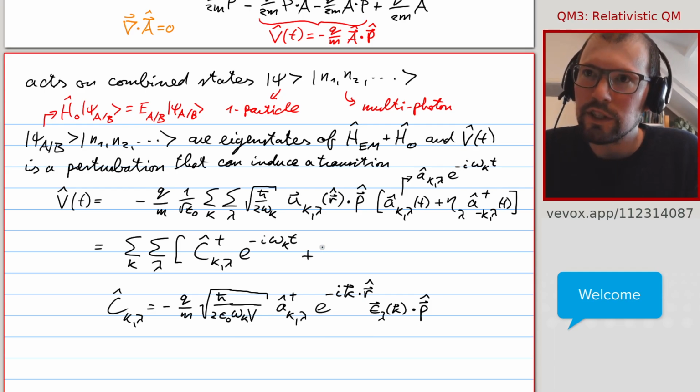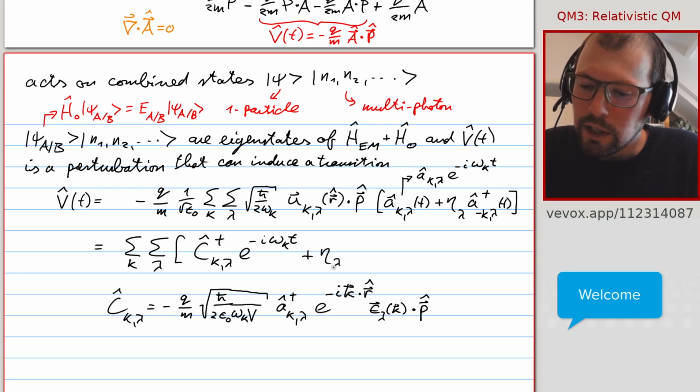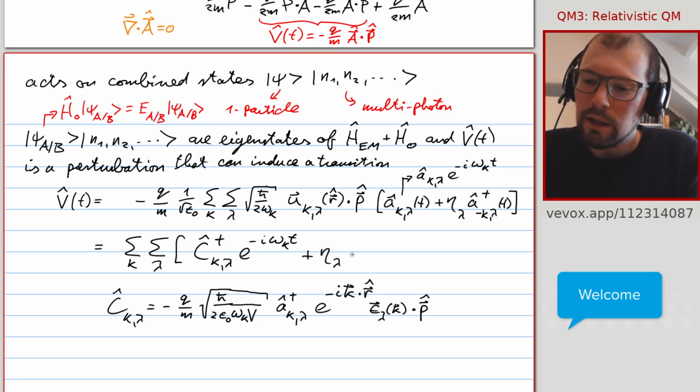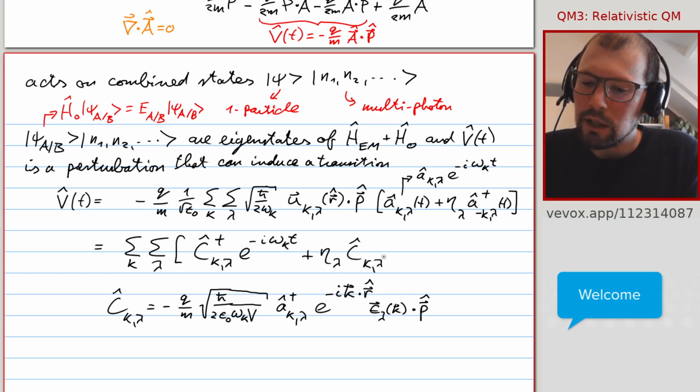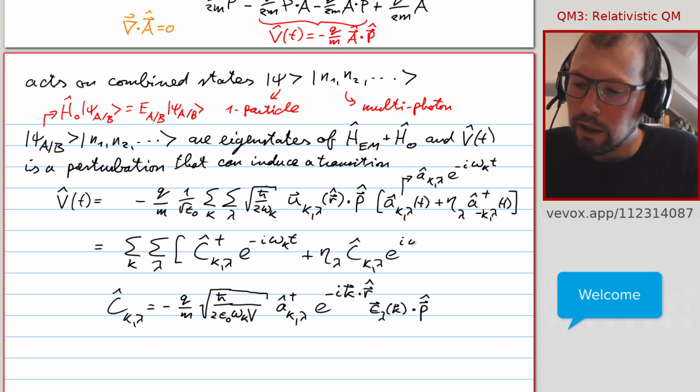And then what does the second one look like? I still have the eta lambda there, and then the C without the dagger. And now it's a negative frequency mode.